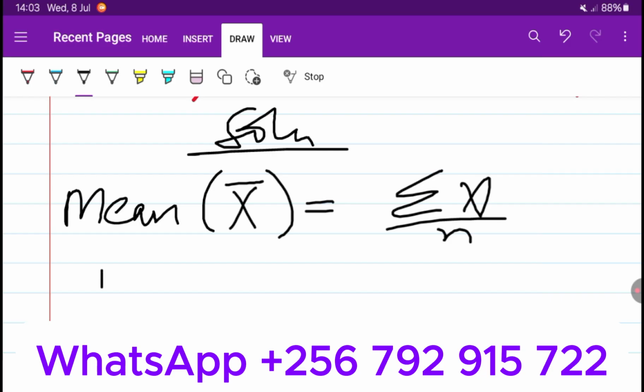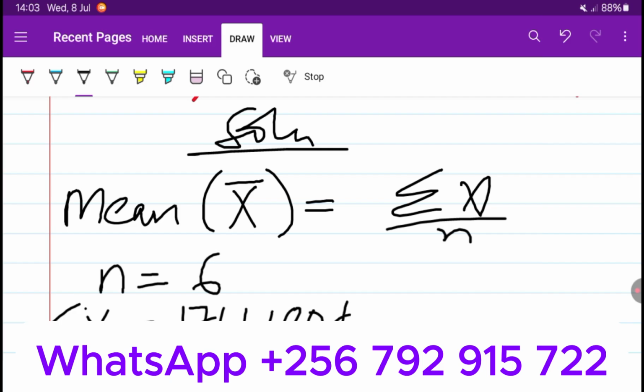So we are going to get the summation. We have seen that our n is equal to 6, there are 6 numbers. Then we need to get our summation x, which is just for us to add up 171 plus 180 plus 154 plus 160 plus 155, then finally plus 164.